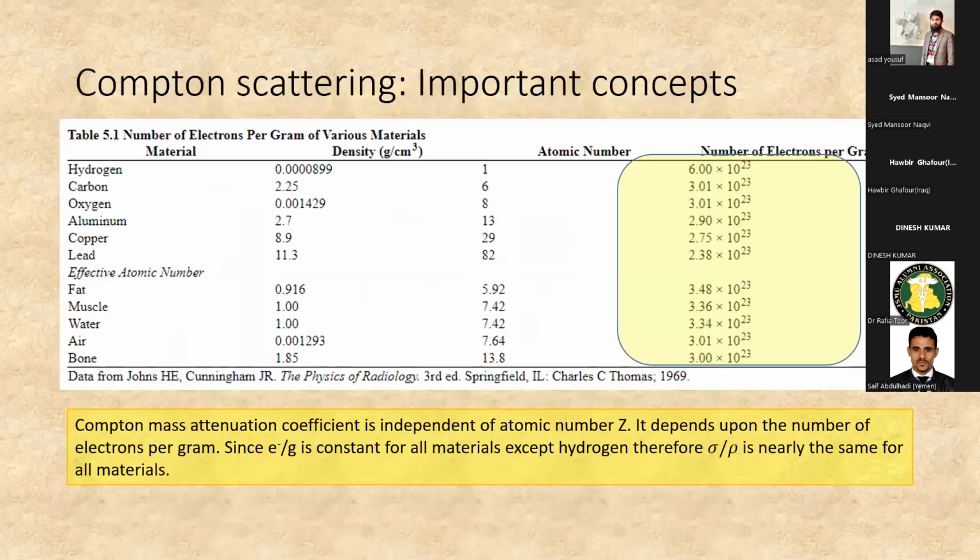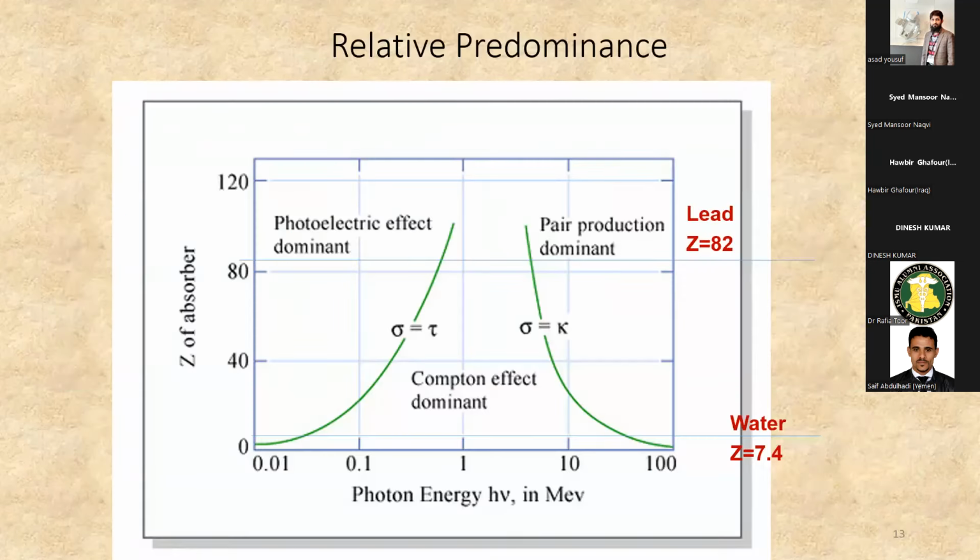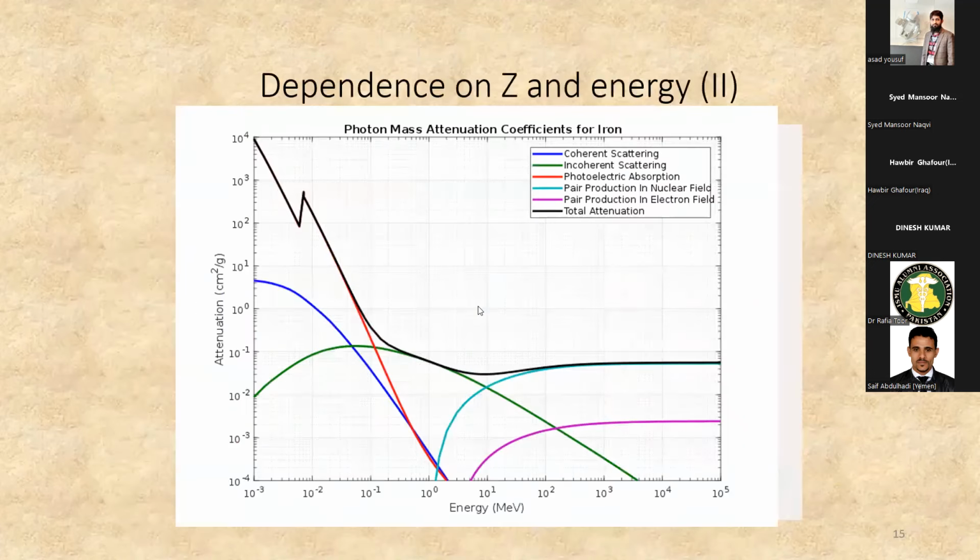And this concept is defined in this graph. This is the Compton dominant region. Here you can see water, it's the same, and the lead. And this diagram is further explained with this.